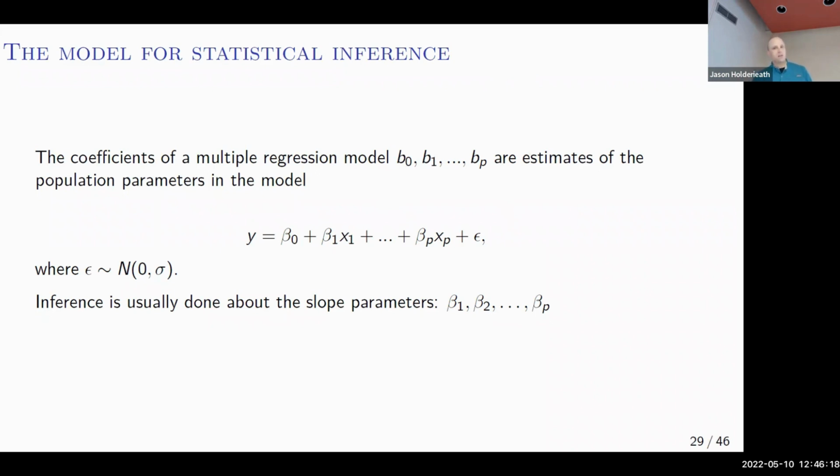The inference is normally conducted around the slope parameters. So for beta 1, beta 2, your question would be, is beta 1 or beta 2 actually different than 0? Does this education level lead to a change in scores or not?